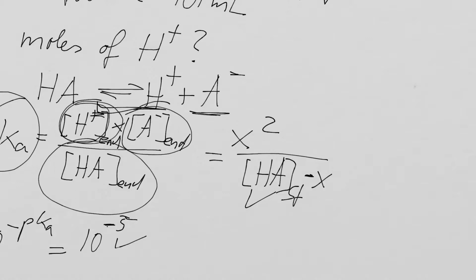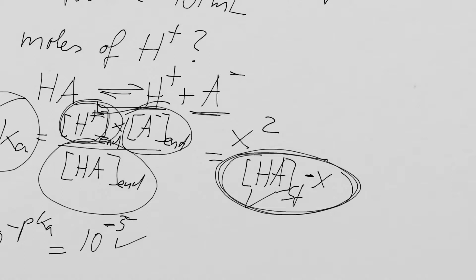There's a little trick to it, because the quadratic equation gets complicated by this term here, by this HA minus X. Now, if our acid is very, very weak, then not a lot will dissociate. True? So our X will be very small. Yeah?